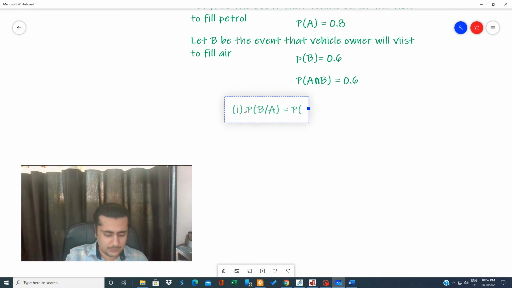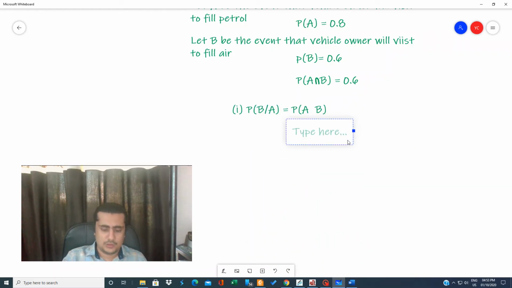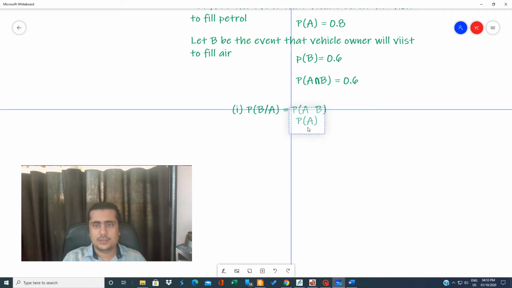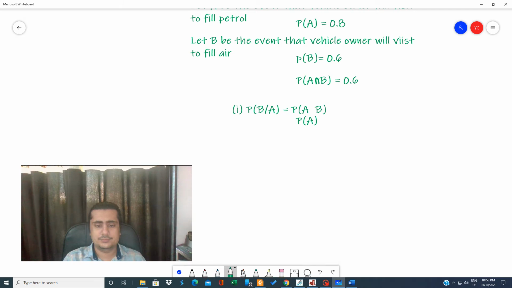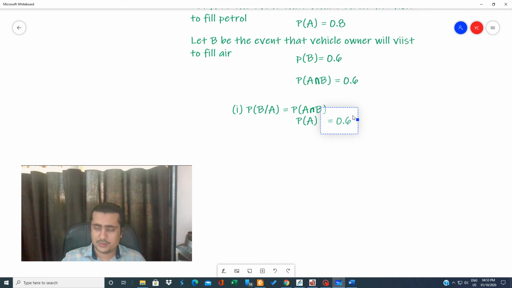It's P of A intersection B upon P of A. What is this intersection?